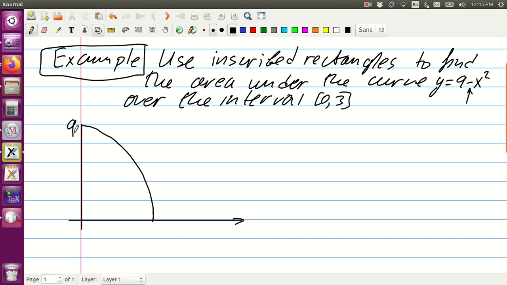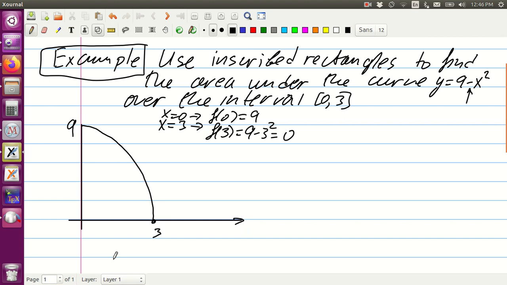If you plug in x equals 0 and x equals 3 into the function, f of 0 will be 9 minus 0, so it's going to be 9. And f of 3 is going to be 9 minus 3 squared, which is 0. So this is exactly x equals 3.